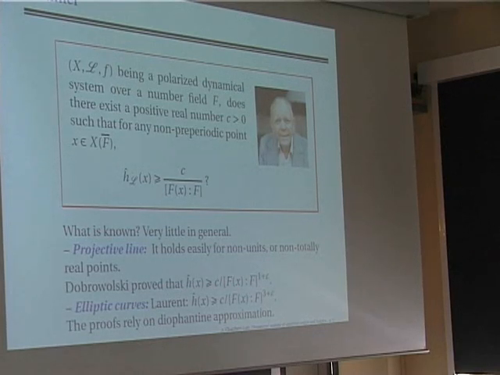In fact, Dobrowolski had something where the epsilon is replaced by log of log of the degree divided by log of the degree, with some exponents. So this is enough. And Michel Laurent proved an assertion which is similar to that of Dobrowolski for elliptic curves, but the one is replaced by 3. And both proofs rely on classical Diophantine approximation.